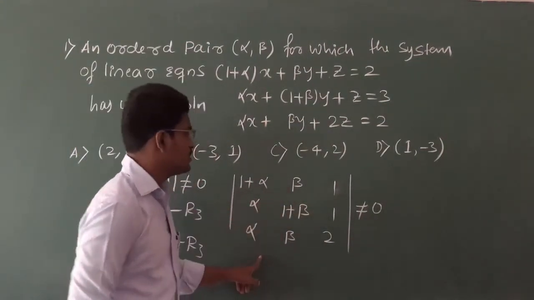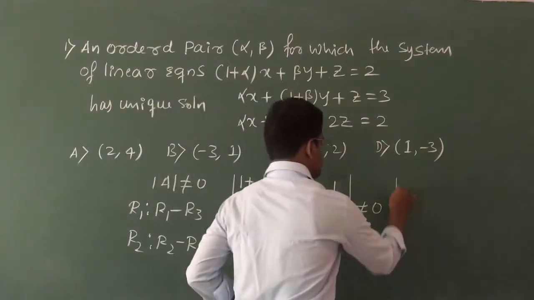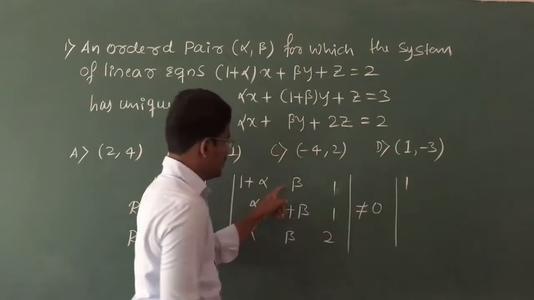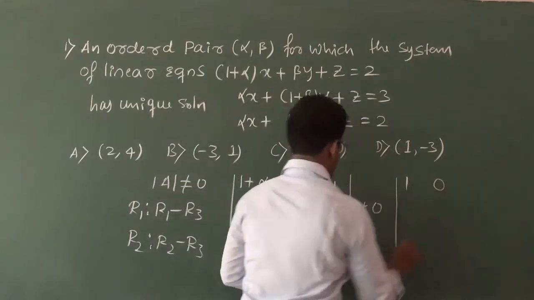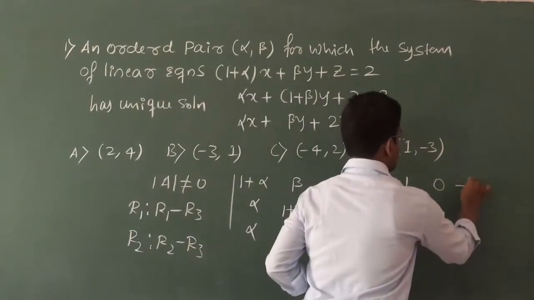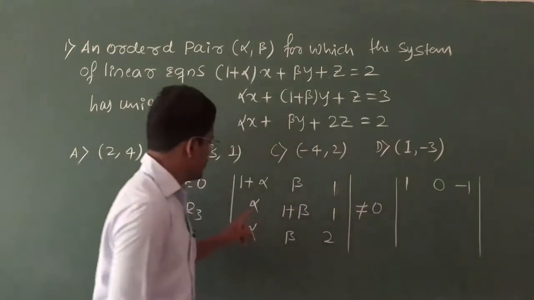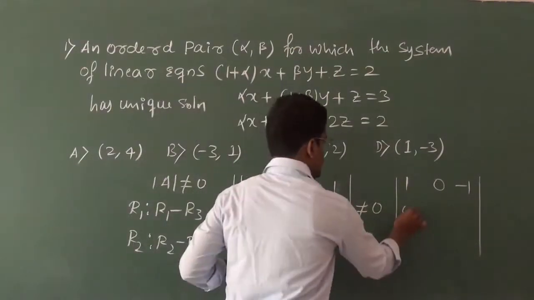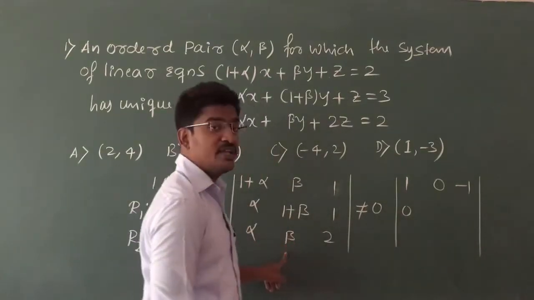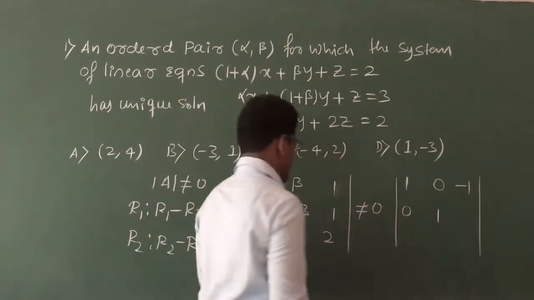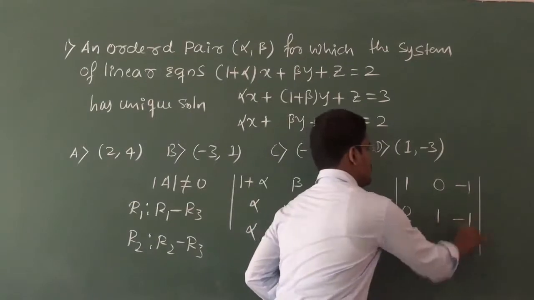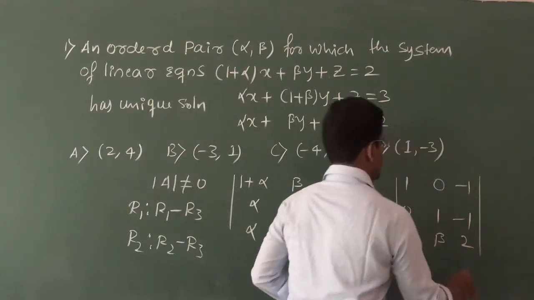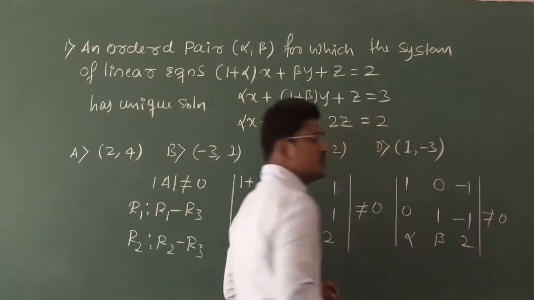R1 minus R3 gives 1 plus alpha minus alpha, which is 1; beta minus beta is 0; 1 minus 2 is minus 1. R2 minus R3 gives alpha minus alpha, which is 0; 1 plus beta minus beta, beta cancelled, 1 remains; 1 minus 2 is minus 1.